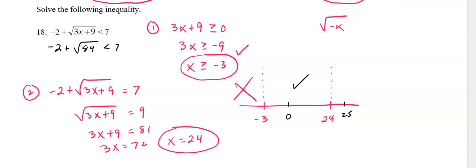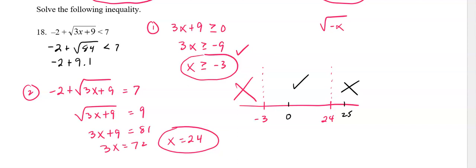That is just a little bit more than 81, and we know what the square root of 81 is. That's 9. So this has to be a little bit bigger than 9. Let's just say 9.2, even if it's 9.1. Well, -2 plus 9.1 is about 7.1, which is not less than 7. So these do not work.